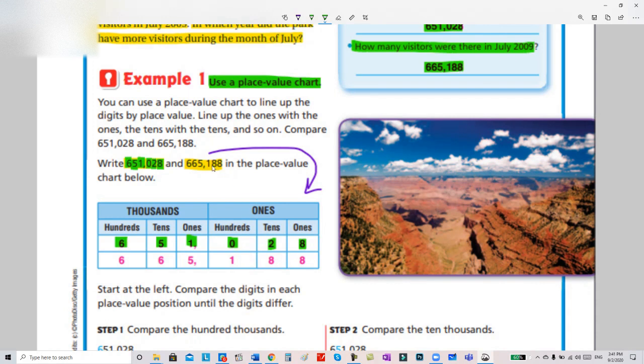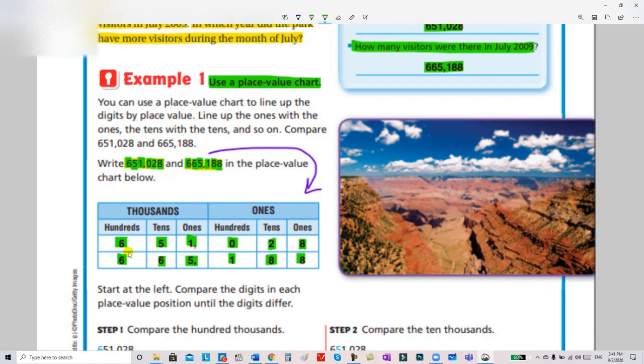The next one: 8 in ones place, the other 8 in tens place, 1 in hundreds place, 5 in 1,000s place, 6 in 10,000s place, and the other 6 in 100,000s place.